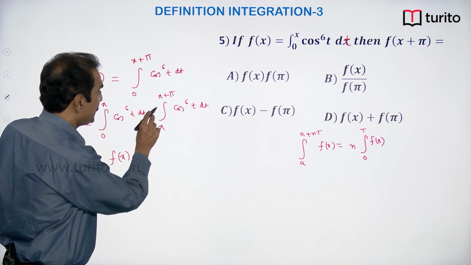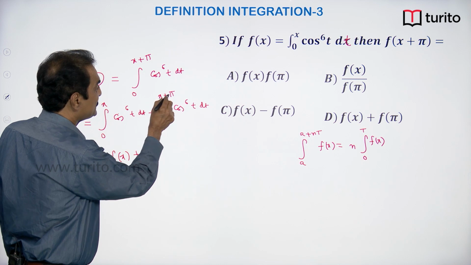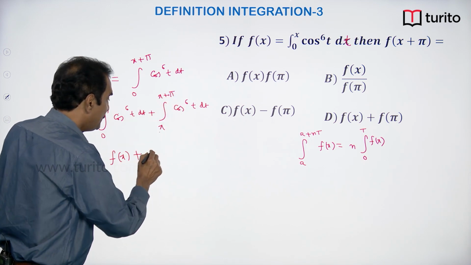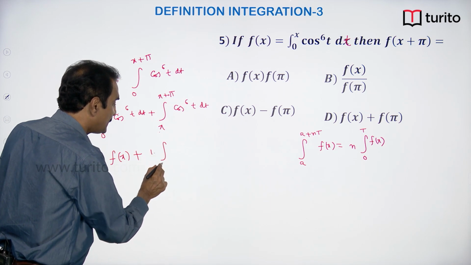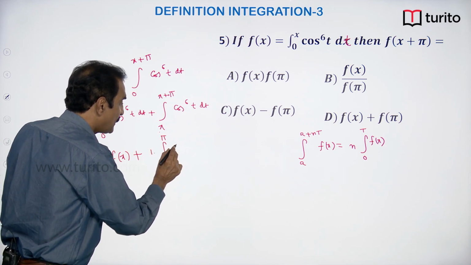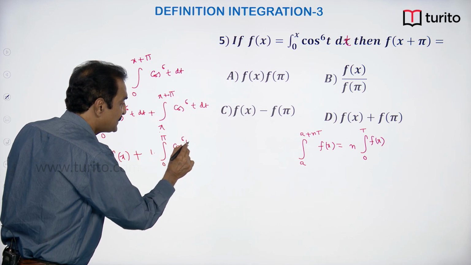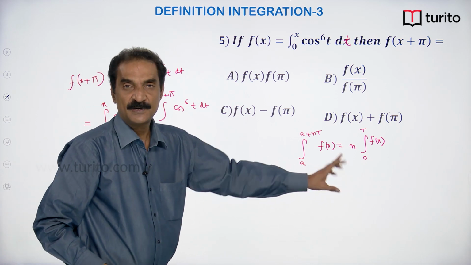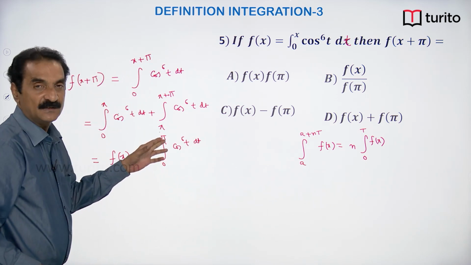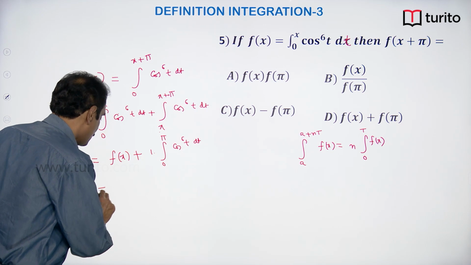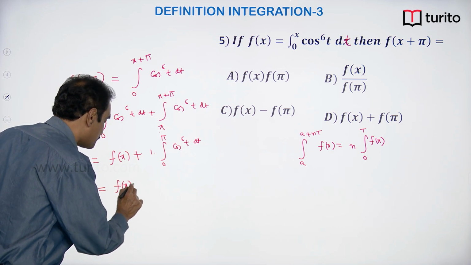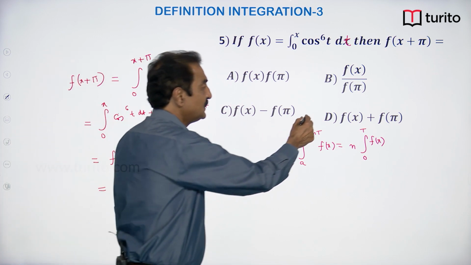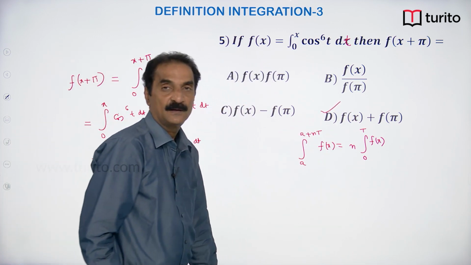So, take the limit as x to x plus 1 into pi. Then using that property, it will be 1 into integral 0 to pi cos power 6t dt. It is independent of x according to this property. What is this? It is f of pi. So, you will get f of x plus f of pi. So, what is the correct answer? Option D. Okay.